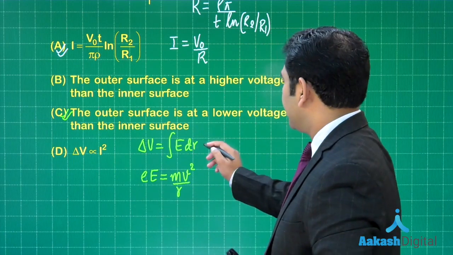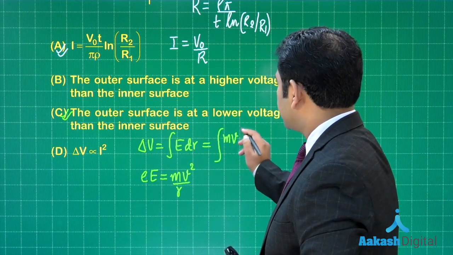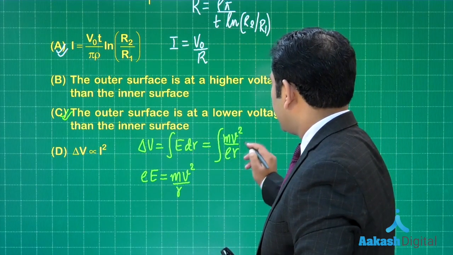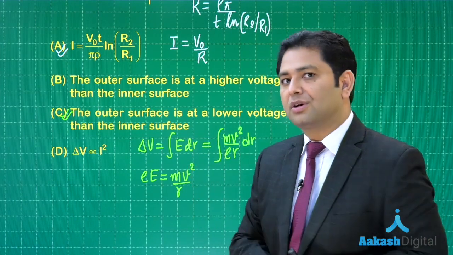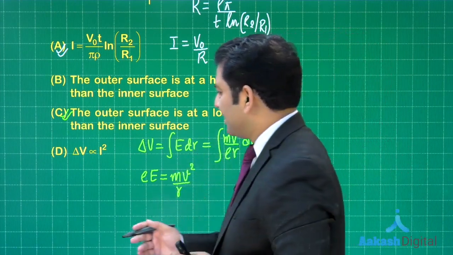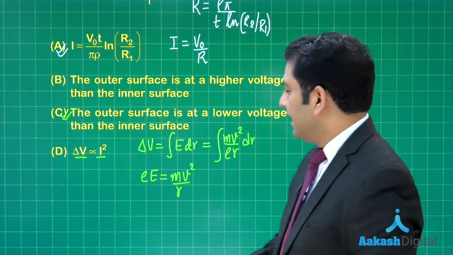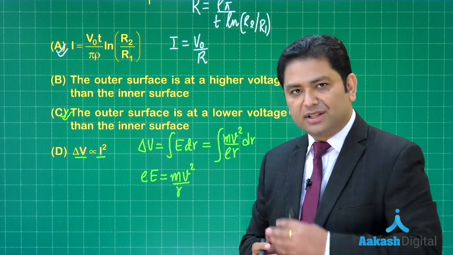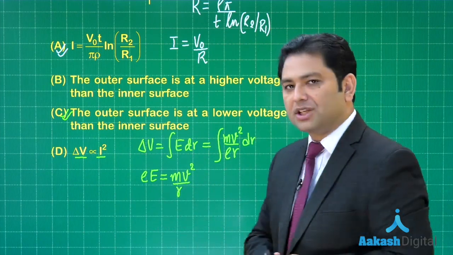So what I can do is plug the value of E there, which is mv square by e times r dr. Of course, the r will be integrated within its own limit. But then just see, I just need to comment on the relationship of potential difference with the current. And here is that speed, which is the drift speed. And you know, drift speed would be proportional to current.